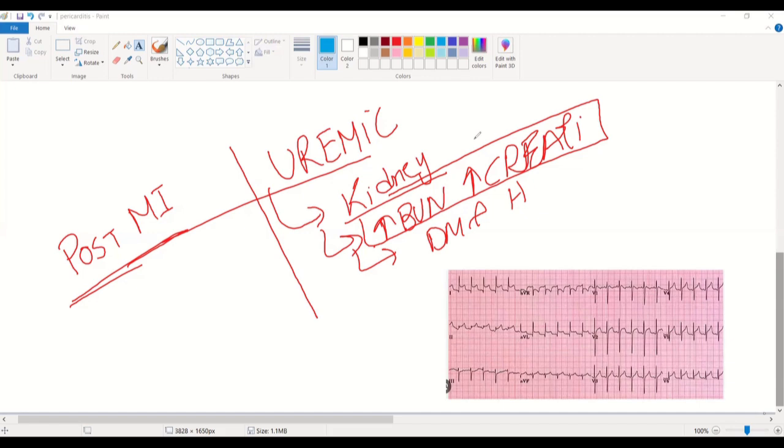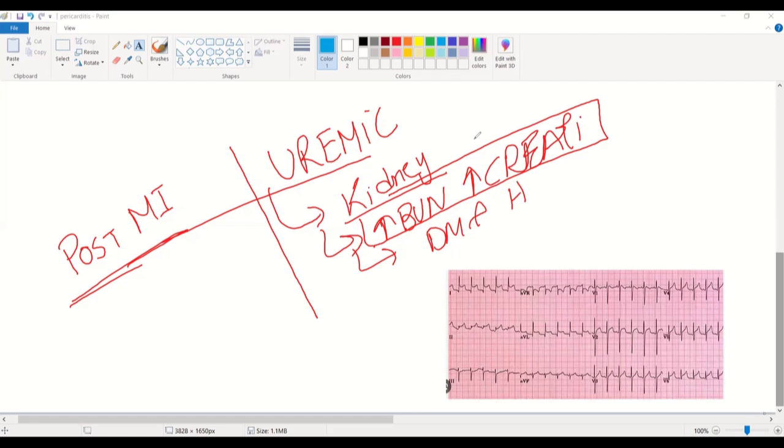But when they give you increased blood urea nitrogen and increased creatinine in the clinical vignette, on ECG there is no finding like diffuse or widespread ST segment elevation or PR depression, right? Does it make some sense? Uremic pericarditis. There are no such typical ECG changes in uremic pericarditis.